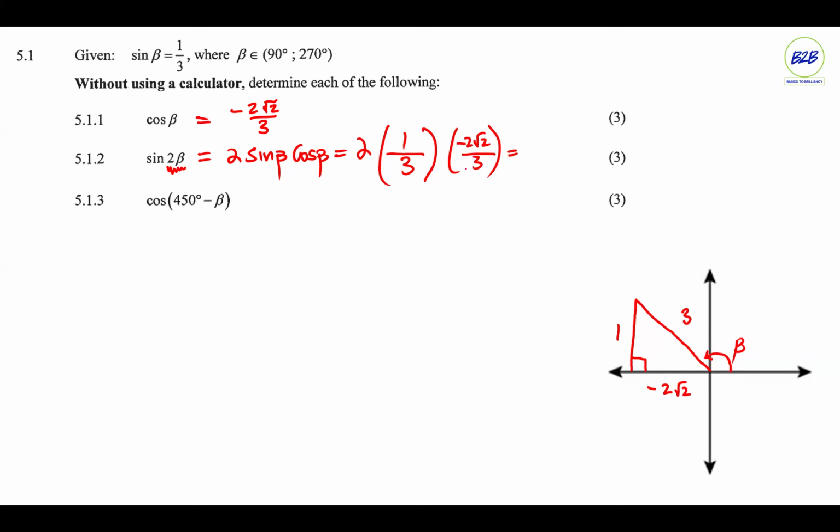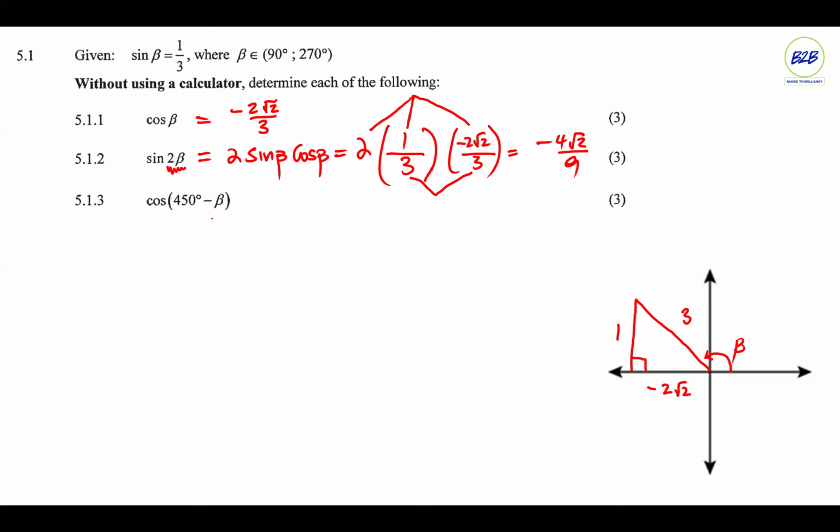You press that in your calculator or you calculate using your head. You say 2 times 1 times negative 2 root 2, that gives us negative 4 root 2 all over 3 times 3, that is 9. And that, folks, is the final answer for 5.1.2.